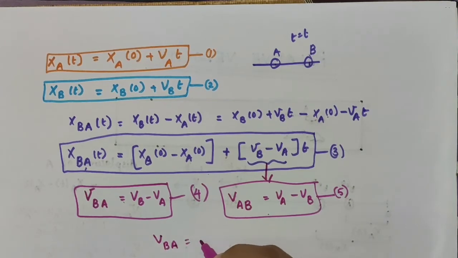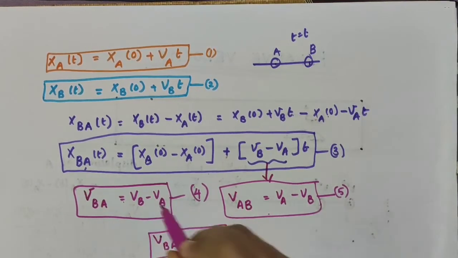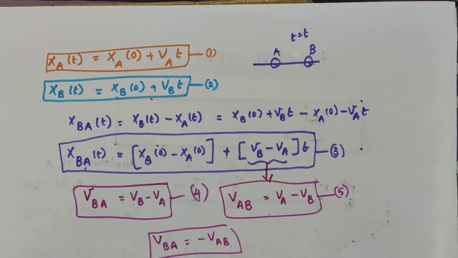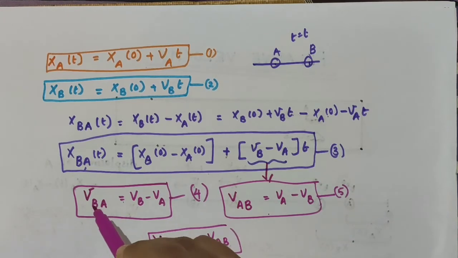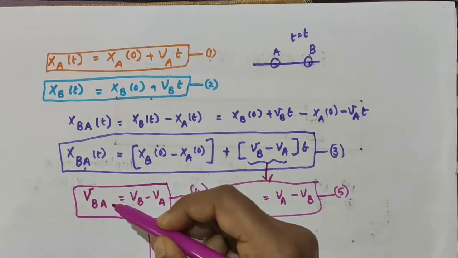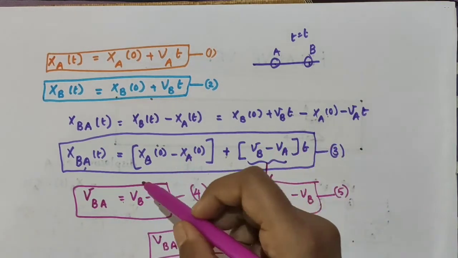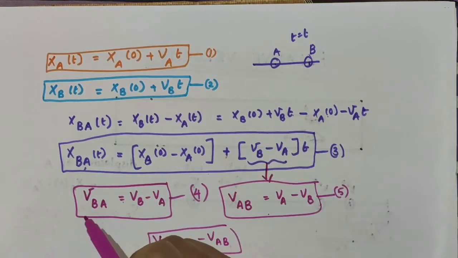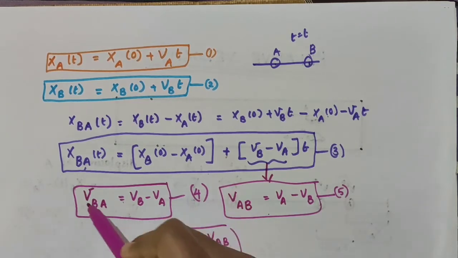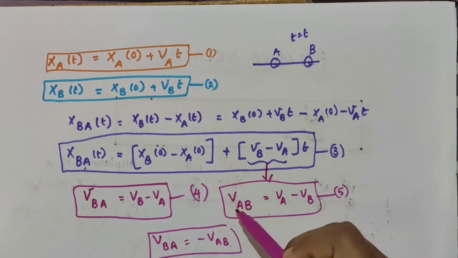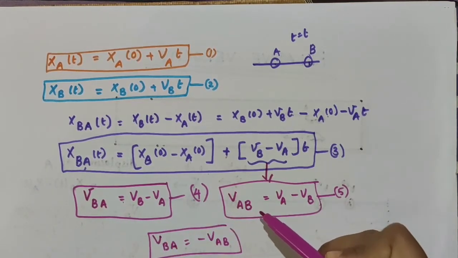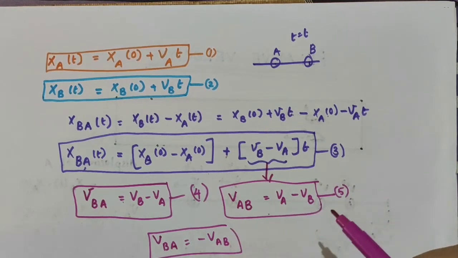VAB is equal to minus VBA. VBA is the velocity of the object B with respect to the velocity of the object A. B has some velocity, A has some other velocity, but the velocity of B with respect to A will have this form. Similarly, the velocity of A with respect to B will be equal to VA minus VB.